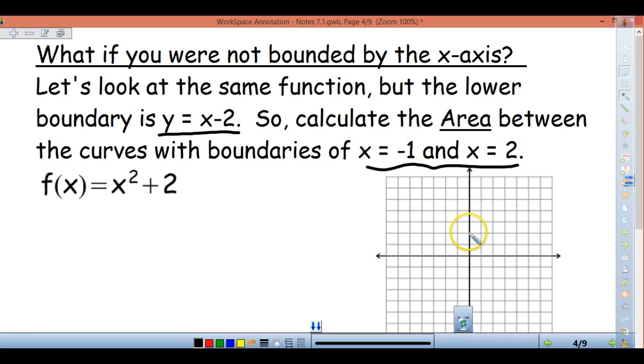So let's come up with the sketch. Again, we have the parabola shifted up 2, so 1 away from the vertex you're up 1, 2 away you're up 4. Then our lower bound is the line x minus 2, so a y-intercept of -2.